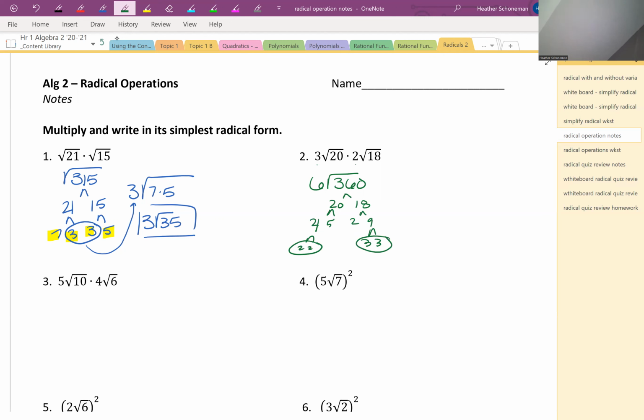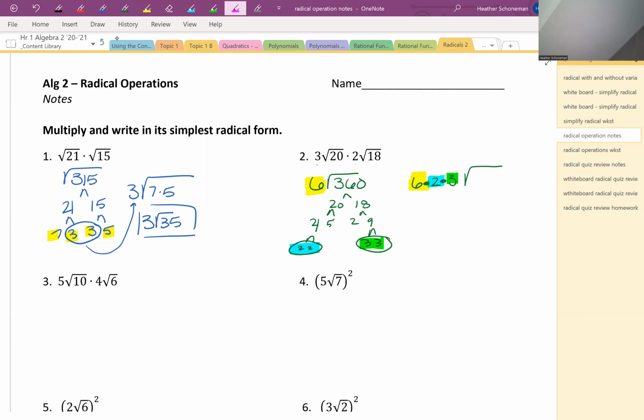Okay, now when we go to rewrite this 6 that was already outside, it has to remain outside. Then each pair represents one number outside. Hold on, I'll use a different color. The radical. If we should have more than one number outside the radical, they all get multiplied together.